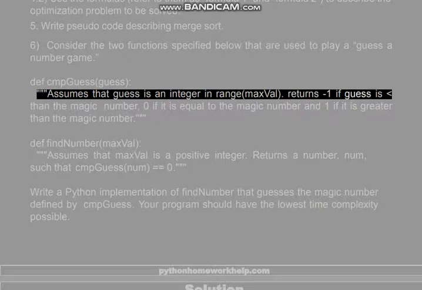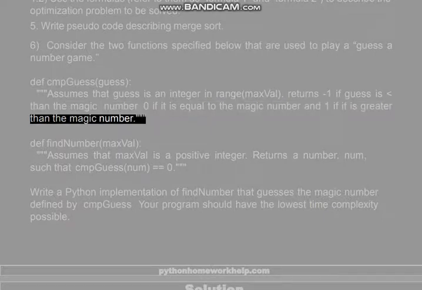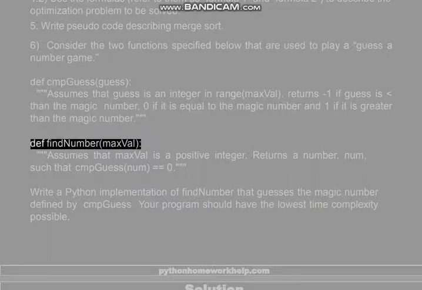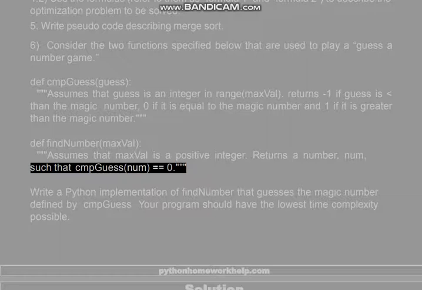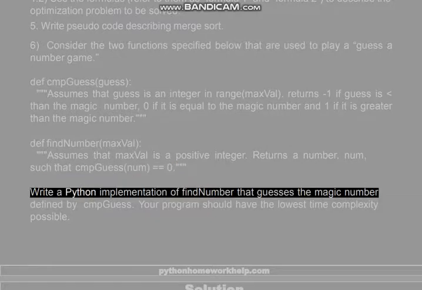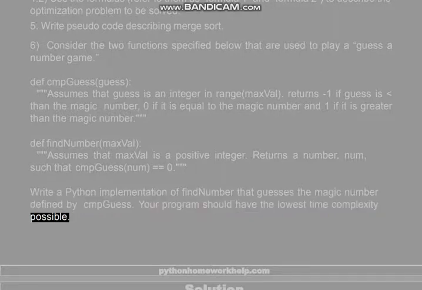Returns -1 if guess is less than the magic number, 0 if it is equal to the magic number, and 1 if it is greater than the magic number. def find_number(max_val): assumes that max_val is a positive integer. Returns a number, such that cmp_guess(number) equals 0. Write a Python implementation of find_number that guesses the magic number defined by cmp_guess. Your program should have the lowest time complexity possible.